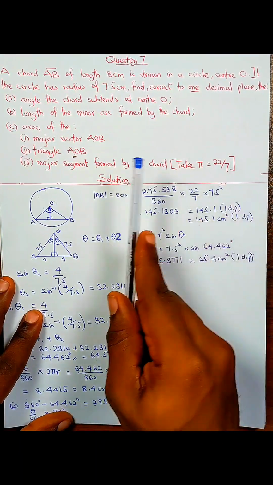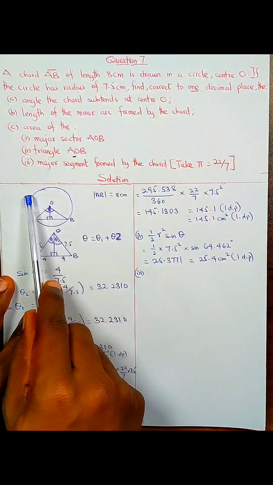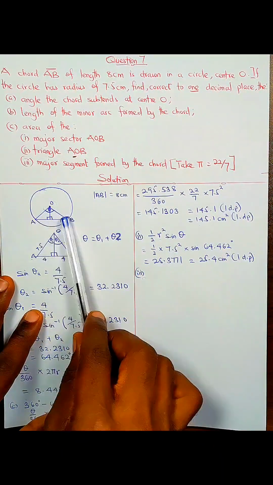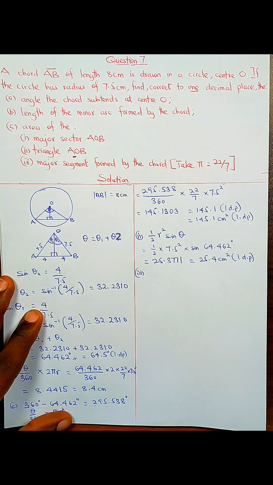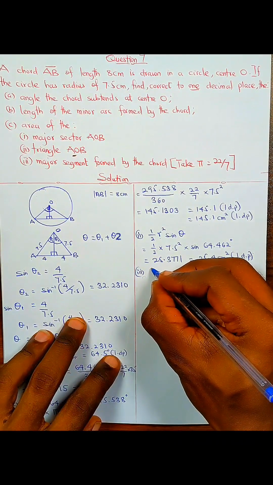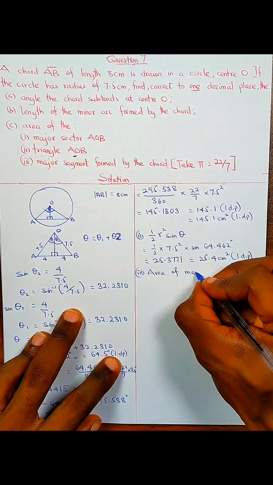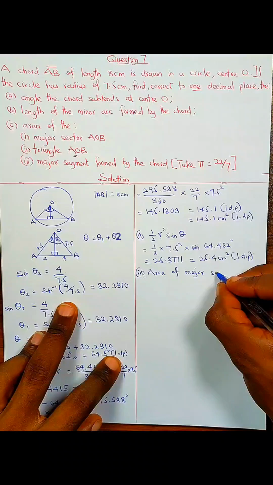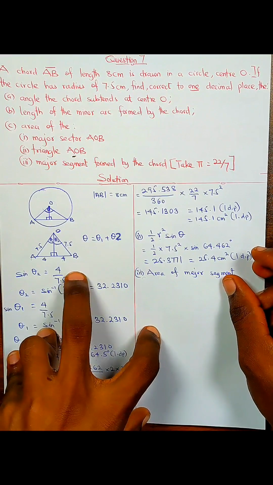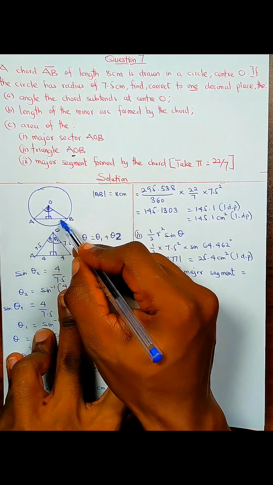It says find the area of the major segment formed by the chord. This chord divides a circle into 2 parts, the upper part and the lower part. So we need to find the area of the upper part. How do we go about it? The area of the major segment is, see, we are looking for the area of this whole thing.